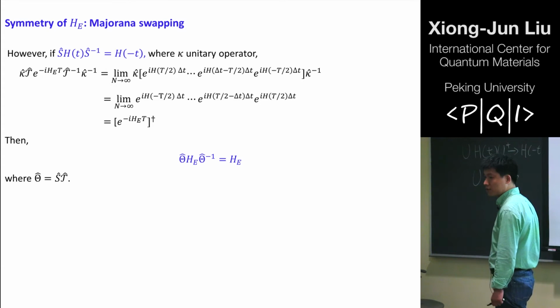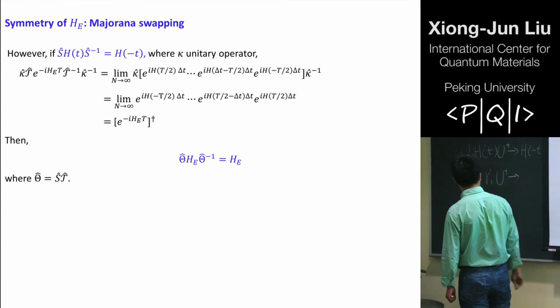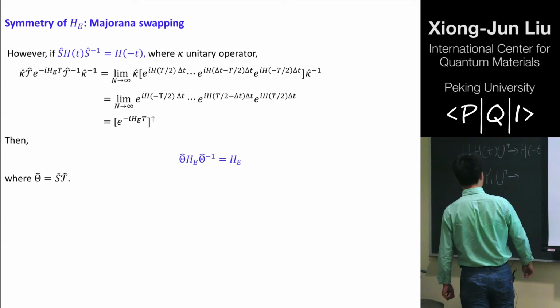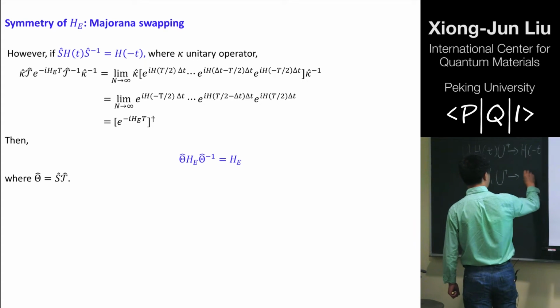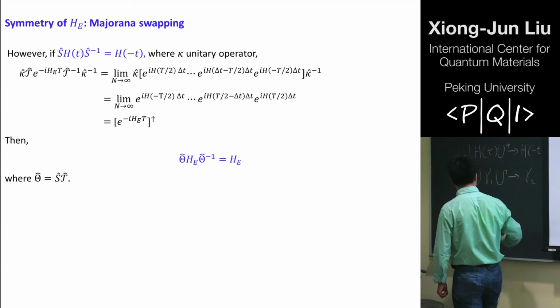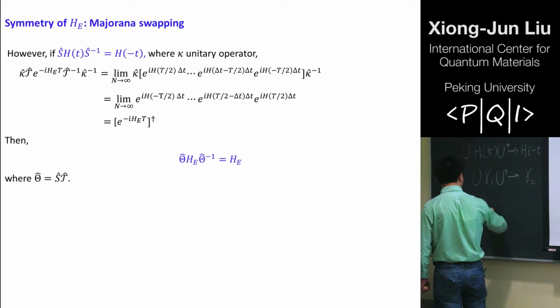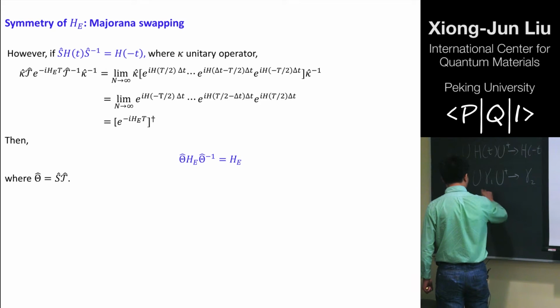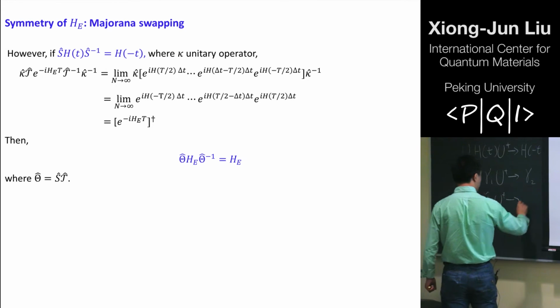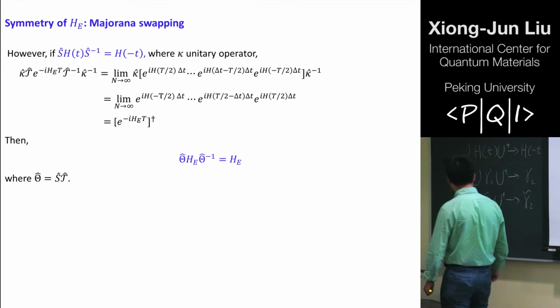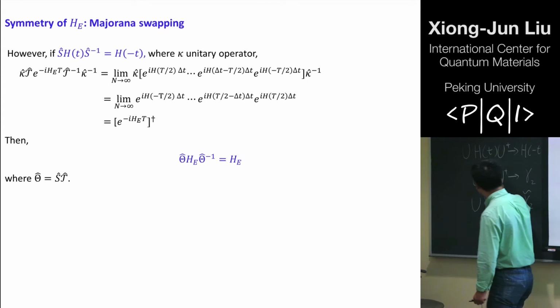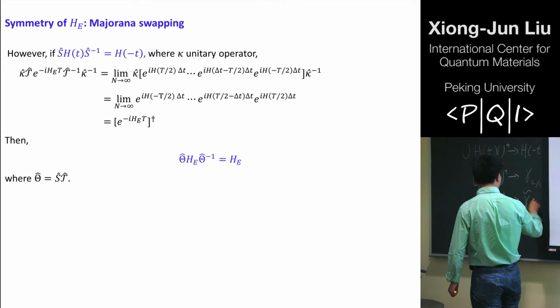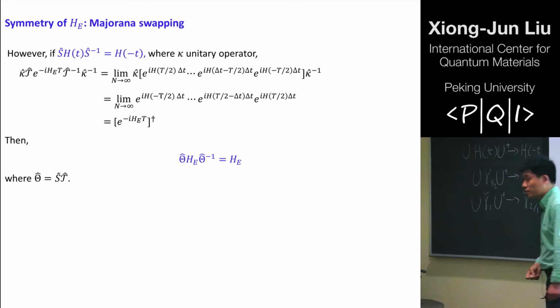Right. So this should transform gamma 1 to gamma 2, and also gamma 1 tilde transforms to gamma 2 tilde like this. Or it's 2, then 1, 2, and 1. So this is the definition.